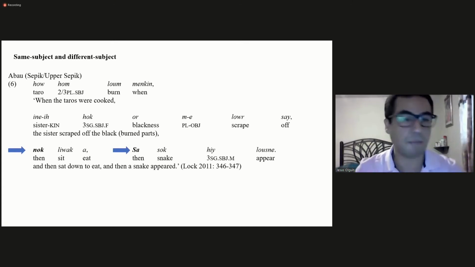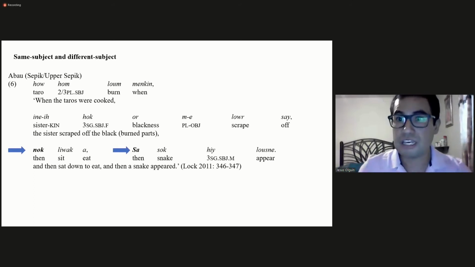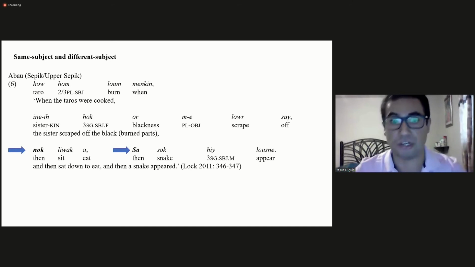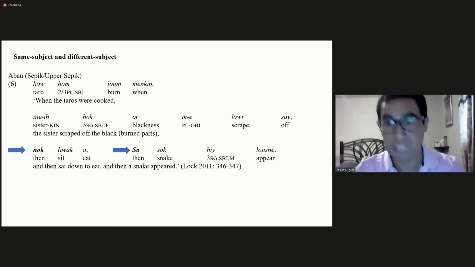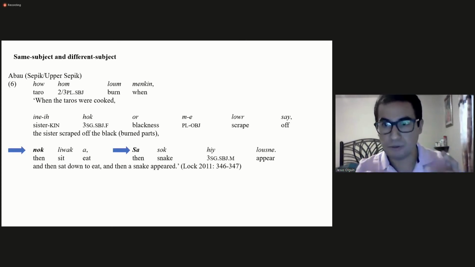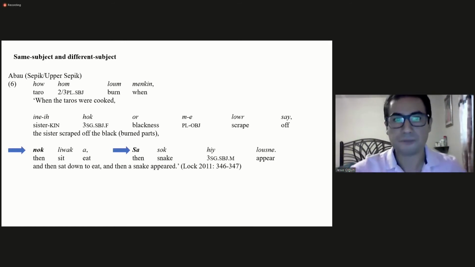For instance, in the example in 6, knock is used to express some sort of same subject situation, and sa is used to express a different subject situation. And therefore, this may be one factor that may influence speakers' choices of one device over the other one.